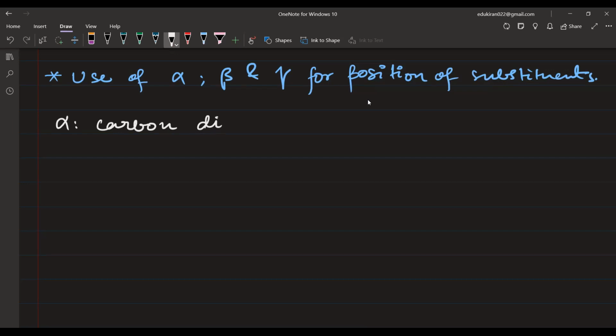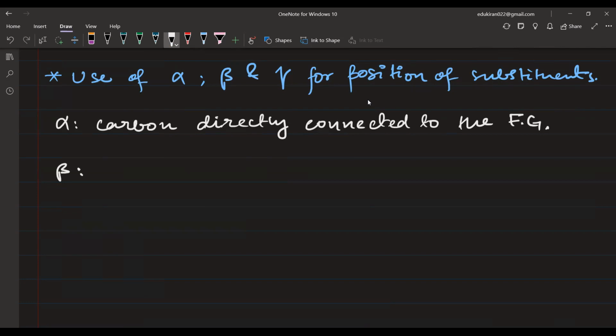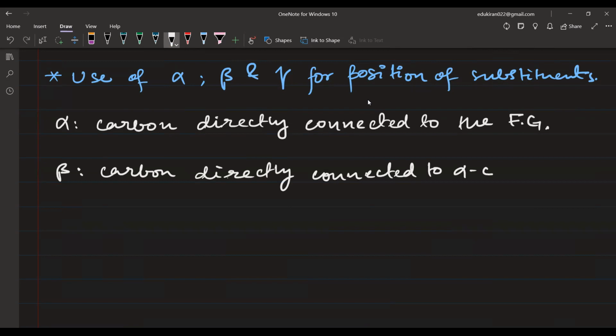Carbon directly connected to the functional group. What is beta carbon? Carbon directly connected to the alpha carbon.